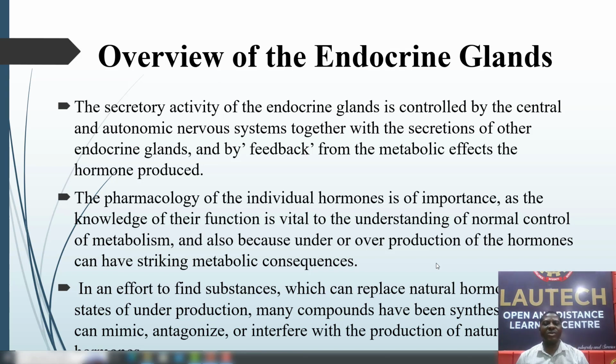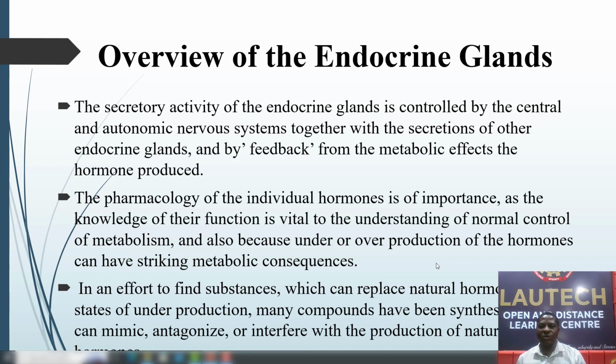So the secretory activity of the endocrine gland is controlled by the central autonomic nervous system together with the secretion of other endocrine glands, by feedback from the metabolic effects the hormones produce, and by central and autonomic nervous system. That is, it's not under the control of will. I want to believe you understand that.